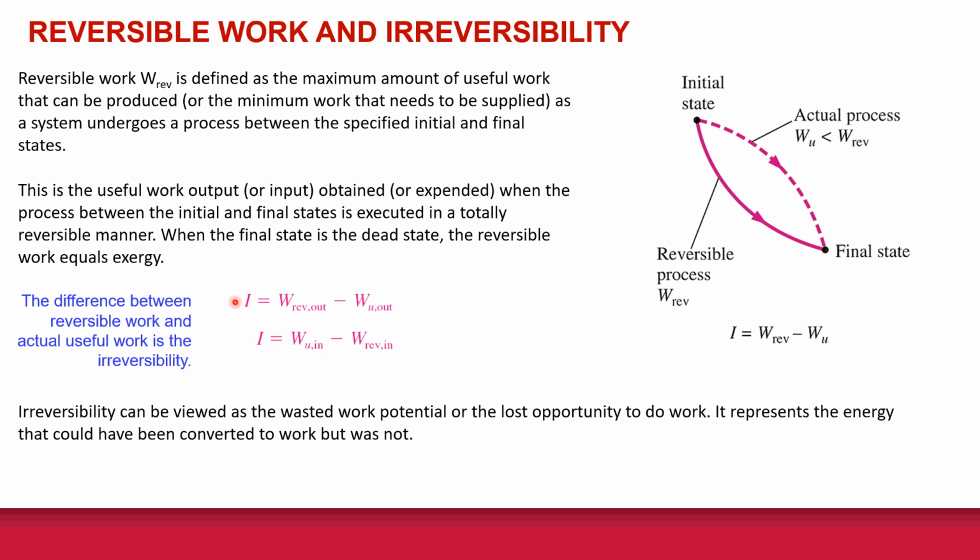You want to not get a negative sign for I. They should have defined this as an absolute value, but our book doesn't do that. It writes two separate equations. The irreversibility can be viewed as the wasted work potential or the lost opportunity to do work. It represents the energy that could have been converted to work but was not. That's what irreversibility means.